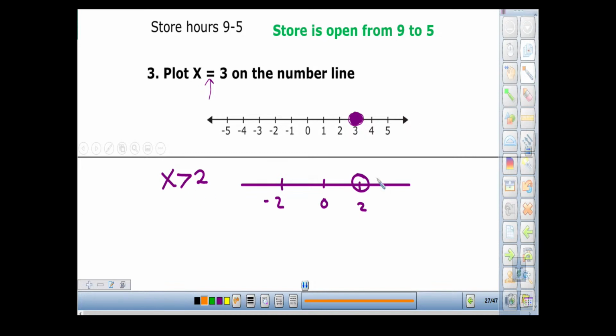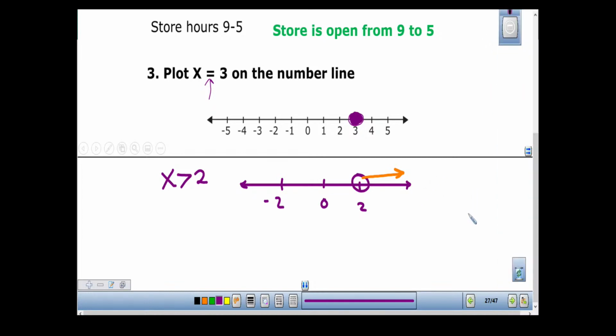Okay, so I'm gonna go here, and then greater than, it's gonna be this way. Remember that the number line is what has an array that goes to infinity, so it could be 3, 4, 5, 10, 100 million, trillion, whatever, all the way to infinity and beyond. Buzz Lightyear, infinity. You just keep going.